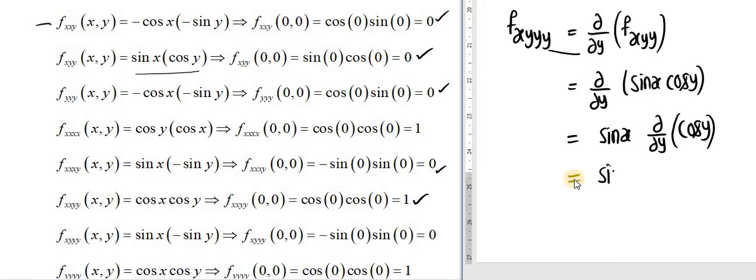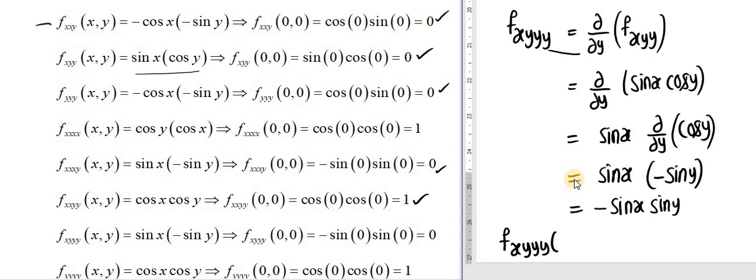So sin x into cos y differentiation is minus sin y. The value of f_xyyy is minus sin x into sin y. f_xyyy at 0, 0 is minus sin 0 into sin 0. So 0 only, because sin 0 is 0.